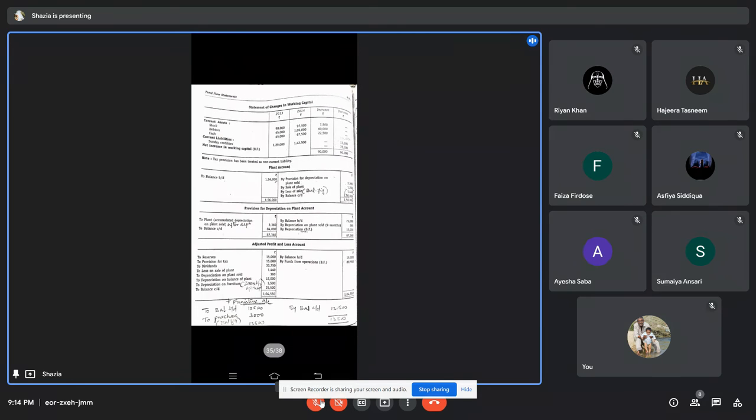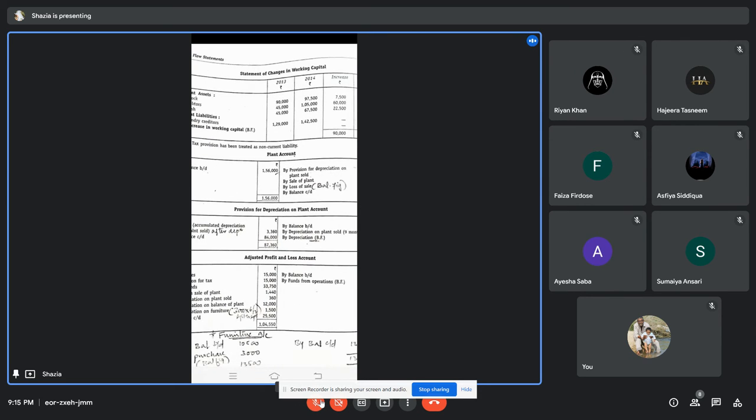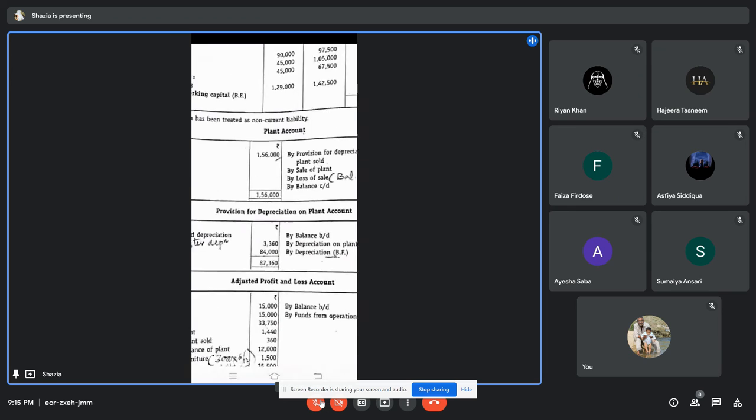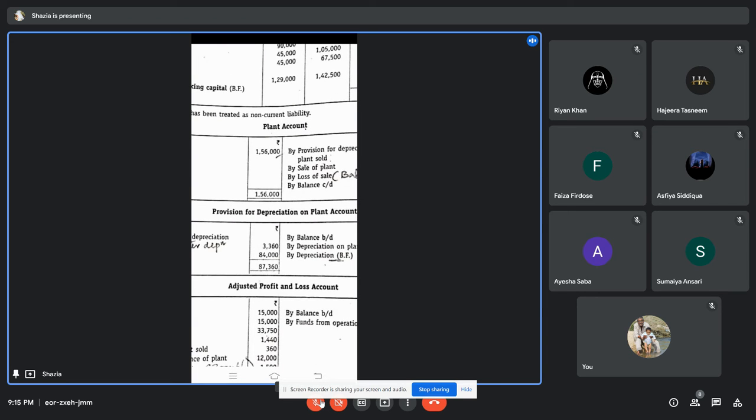Okay, so remaining balance. Obviously only two items, the opening and closing, and two items: one is on the purchase plant depreciation and one is the 8% depreciation we have taken. So obviously you're getting more balance over here. 84,000 plus 3,360 is 87,360.